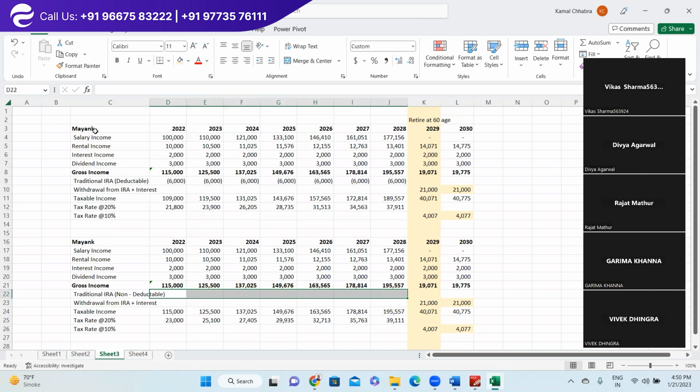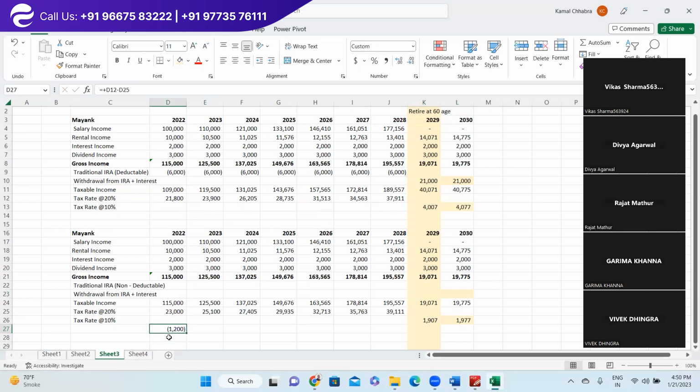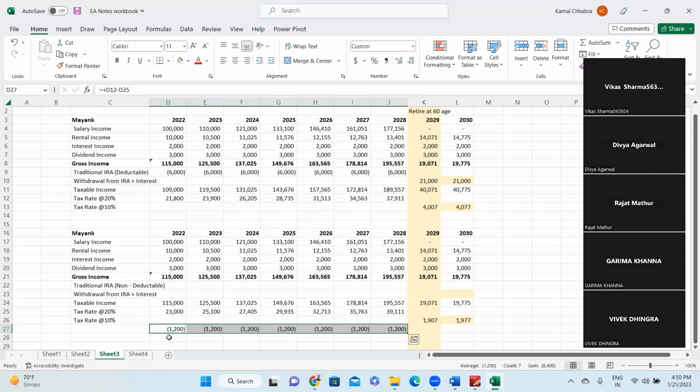As it was non-deductible, this withdrawal is also non-taxable, because you have already paid more taxes in the year. Hence, when you withdraw, your taxes will be comparatively less.